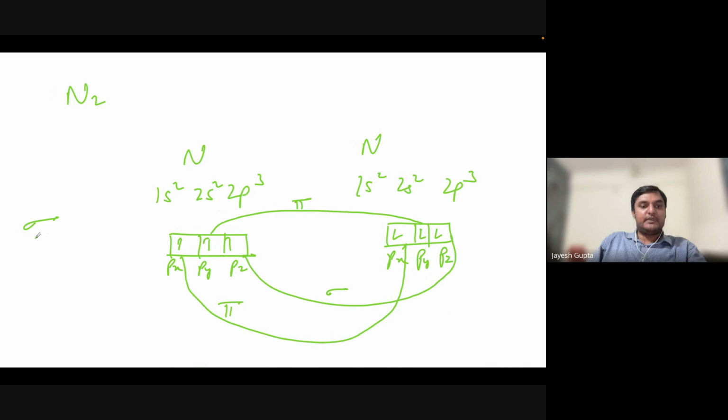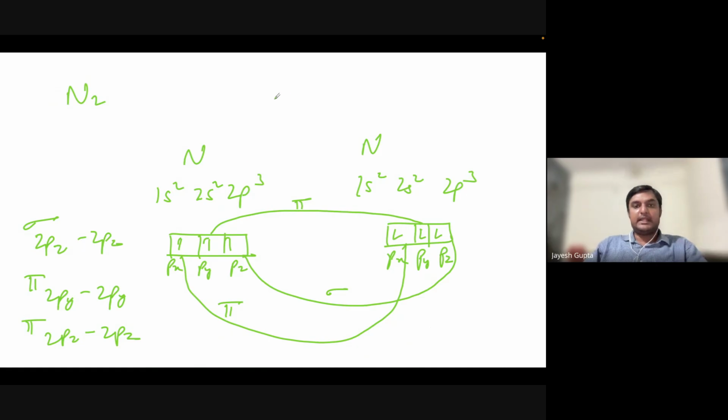The variety of bonds we are getting here is sigma 2pz, 2pz, pi 2py, 2py, and pi 2px, 2px. And how it will be looking, it will be looking like this.